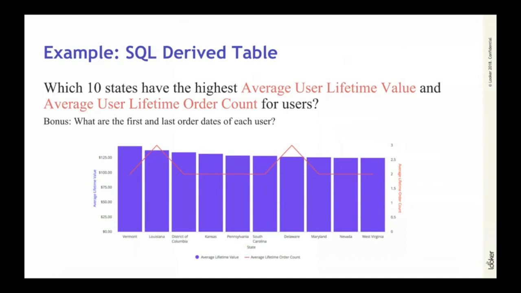So the way that we're going to do this is through a derived table. So things like user lifetime value and user lifetime order count, and also, right, user first order date and user last order date, those are all kind of what I would consider facts about a user. And I'm actually going to create a user fact table that pre-aggregates all 4 of those pieces of information, right, at the user level first.